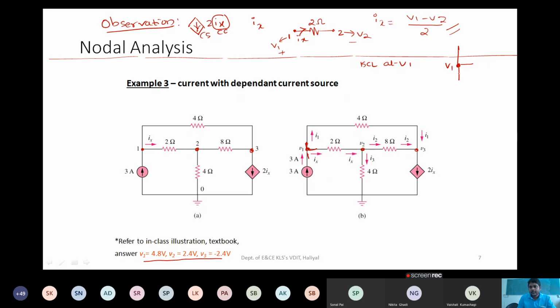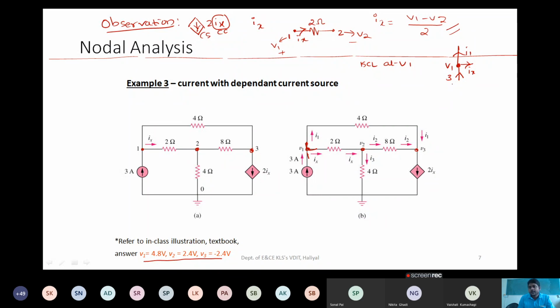And if you have any direct current, mark that direction. According to the given direction, here we have Ix, and here it is mentioned as I1, right? So how to write this? With respect to V1, if I write KCL at V1, what will I get?